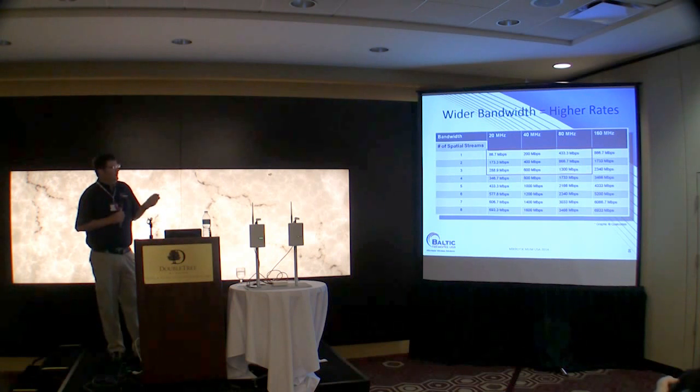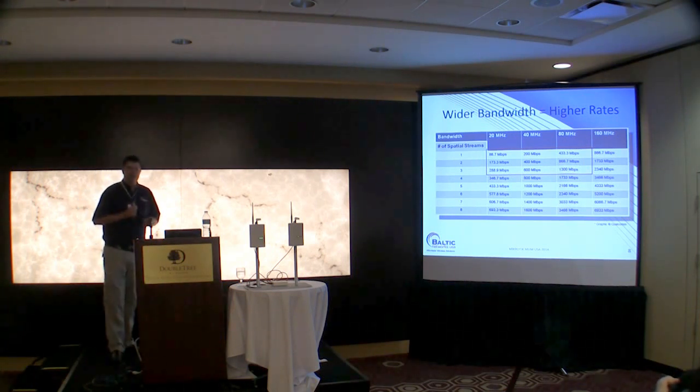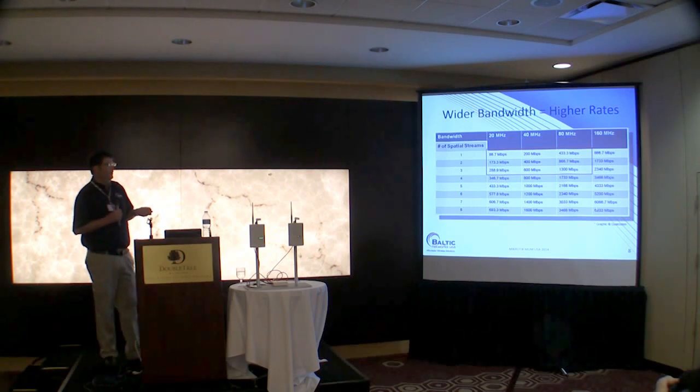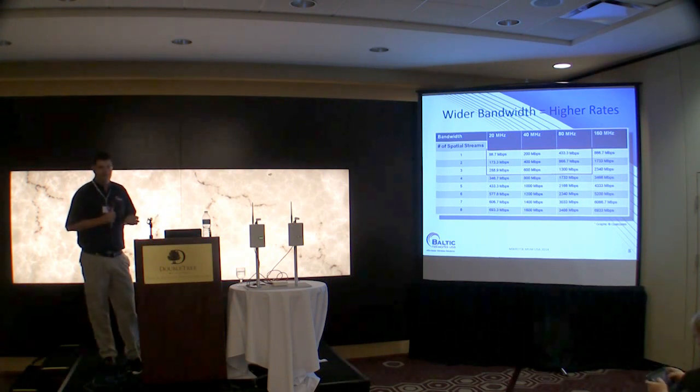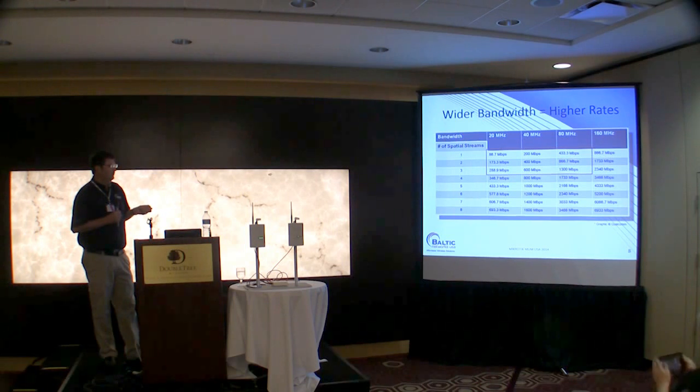So, spatial streams and higher bandwidth. I mentioned 6.9 gigabits. Here it is down here in this far right corner. This red box shows you exactly what we basically can do with today's technology and chipsets that are available. So we can do up to 3 spatial streams and 1.3 gigabits per second.